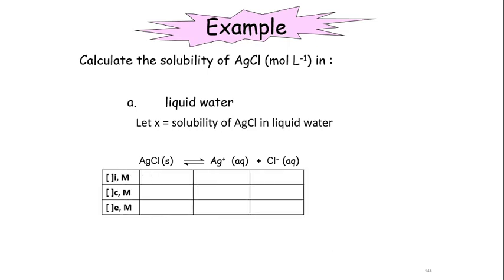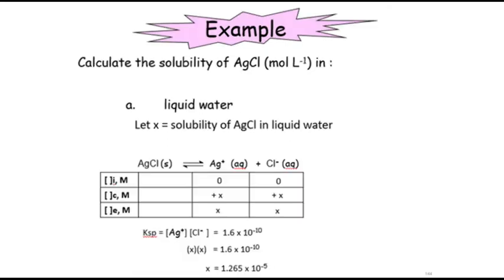Put the value for initial as 0, at changes plus X, and at equilibrium as X. Write the Ksp, which is given as 1.6 times 10 to the power of negative 10, and we will get X times X, and we will get X equal to 1.265 times 10 to the power of negative 5.